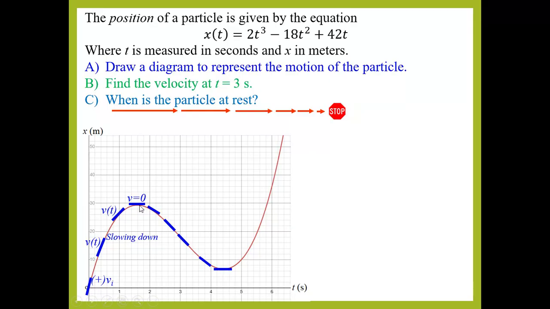So it stops here, picks up speed again in the negative direction, keeps going at a constant rate for a little bit, and then decides to slow down and eventually stops again, because the tangent line at any vertex or peak here is going to be 0. So information that I hope you're picking up is that this whole entire second segment is moving to the left. It's negative because all of these tangent lines have negative slope.